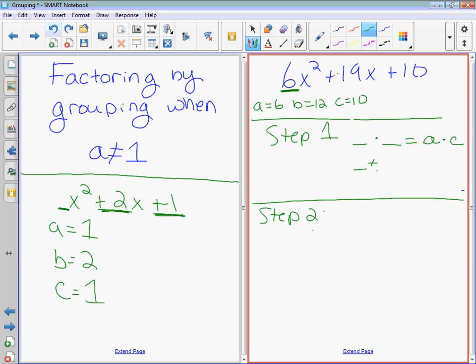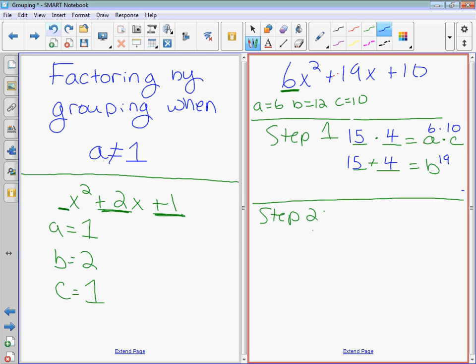At the same time, those two numbers still need to add together to give us B. So A times C in this case is 6 times 10, which is 60, and B is 19. So we're looking for two numbers that multiply together to give us 60, but that add together to give us 19. If you think about it for a minute, we got 60 and 19. The two numbers are 15 times 4, and 15 plus 4.